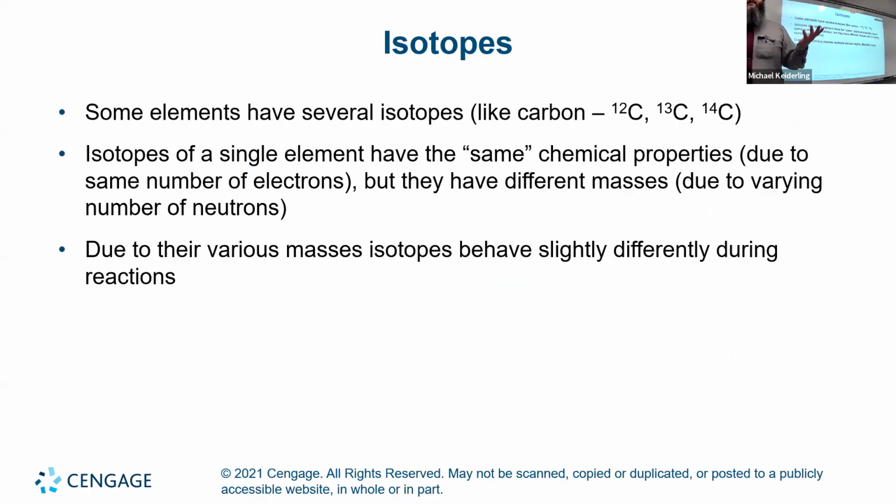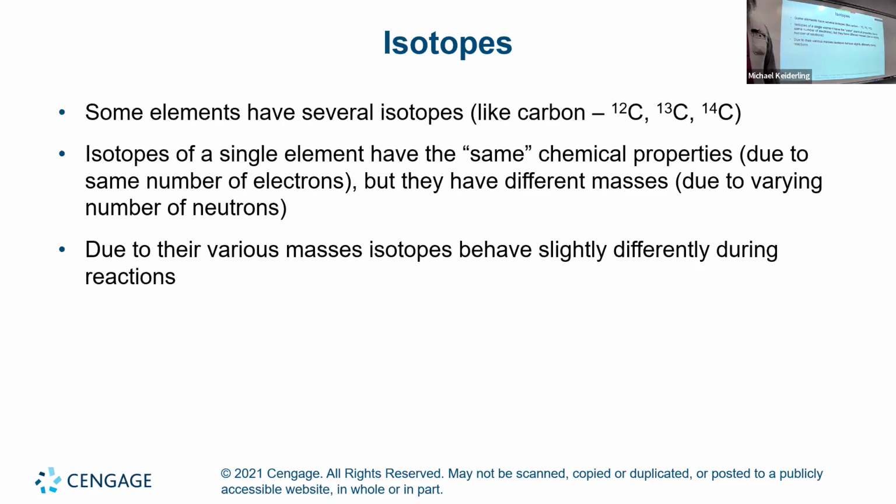So isotopes of a single element have the same chemical properties. They don't vary chemically much. For the very light ones, they can, because the change in mass can be significant enough to have some chemical effects, but generally they don't. Like there's some non-trivial chemical effects going from hydrogen to deuterium because you're doubling the mass. But the effects are still pretty small even then, because they have the same electrons on the outside.